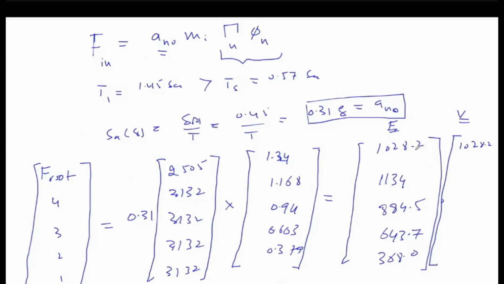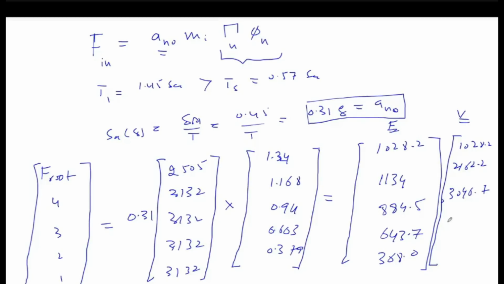1028.2, then plus this and this, 1134 plus 1028.2 will give you 2162.2. Okay, then sum these three forces will give you 3046.7.